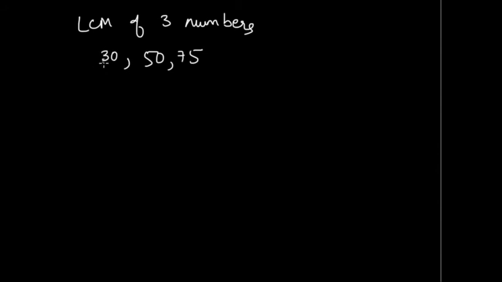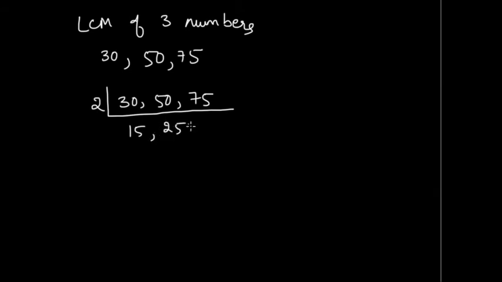Some of you might already know what the LCM is because I've just taken really simple numbers here. So let's do upside down division for three numbers. The method really is the same, it doesn't change much, but it's just good practice. Since we have two even numbers, we can start off with 2, the lowest prime number. So we have 15 here, 25, 75.